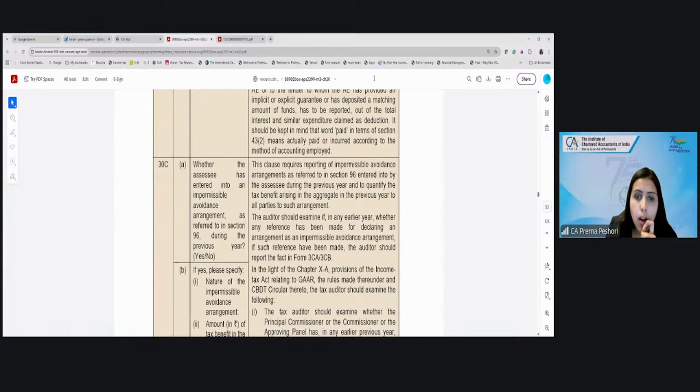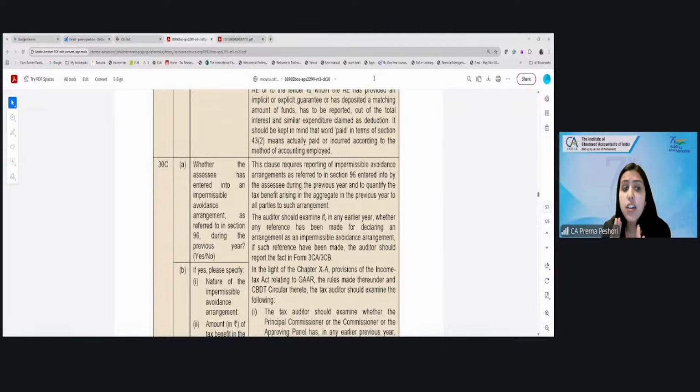Right? Now, what is the nature of the tax audit? What is the auditor required to do in the tax audit? He is required to certify that the particulars of Form 3CD are true and correct. Now, he is not required to undertake an investigation, because audit is not investigation.